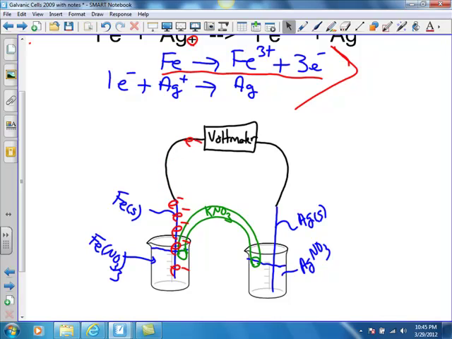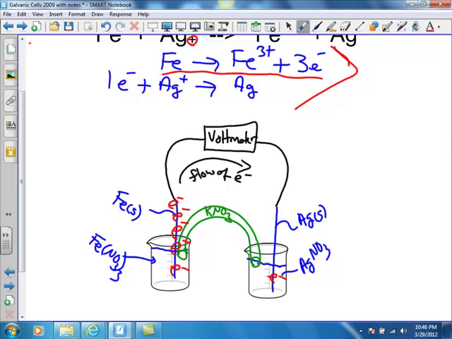So I'm going to have electrons that flow out of that side. So my electron flow we can pick out, and that's one of the things that I'll always ask you, is to identify the flow of electrons.